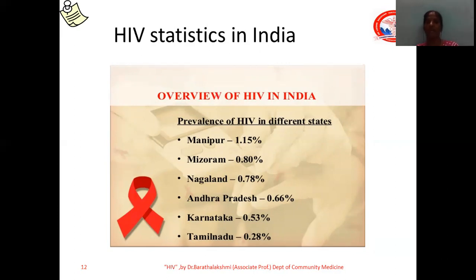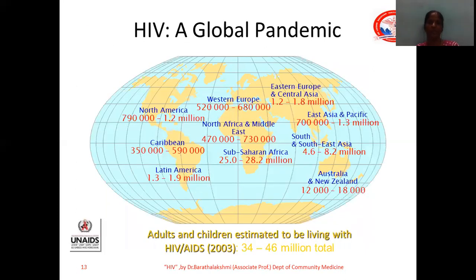As we were saying, in the northeastern states, the main route of transmission was through intravenous drug use. The rest of these states are because of heterosexual transmission. Of course, the country which has the highest number of HIV cases is South Africa, followed by India.